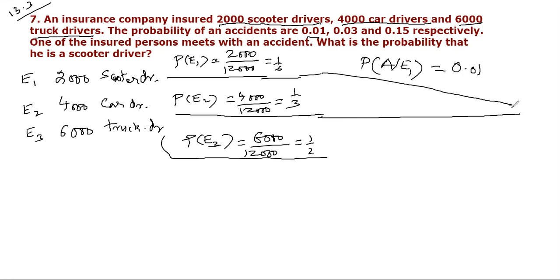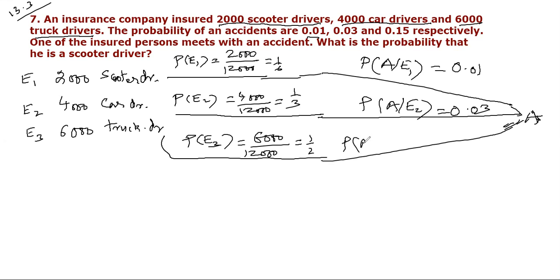The probability of accident by car driver is 0.03. Probability of accident by truck driver is 0.15.